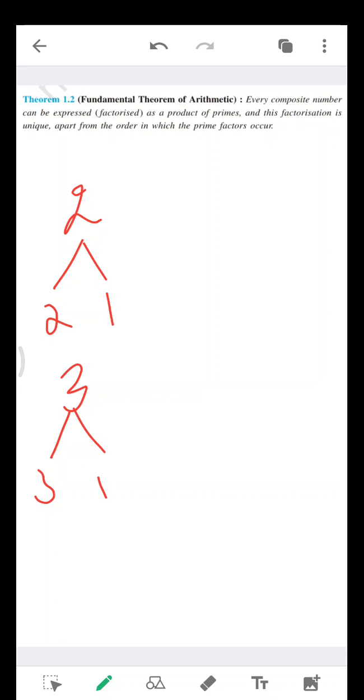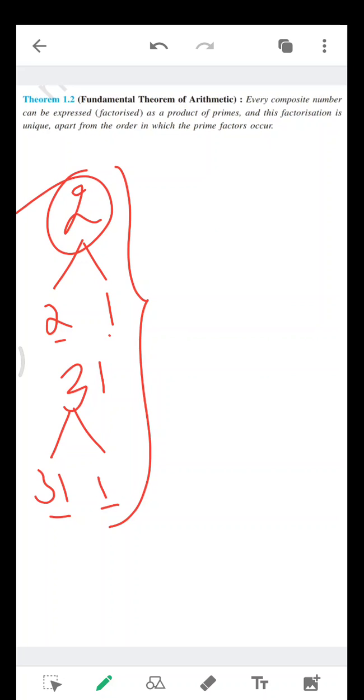Or if I take another prime number like 31, what are the factors of 31? 31 goes in 31 table. 31 1 times is 31. So these are all prime numbers. So prime numbers have 1 and itself as a factor. Like here the factors of 31 are 1 and 31, the factors of 2 are 1 and 2 itself. So this type of numbers are called prime numbers.